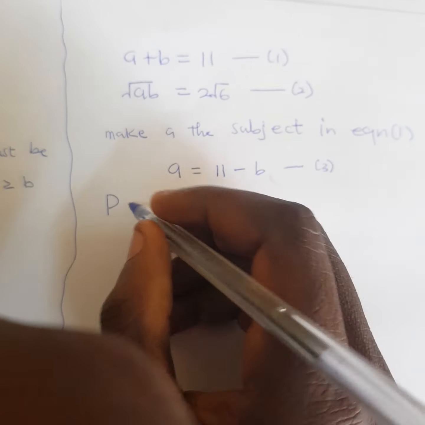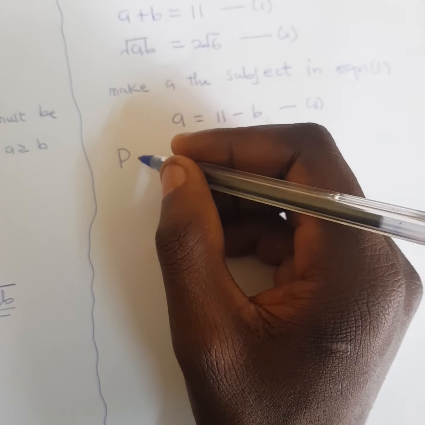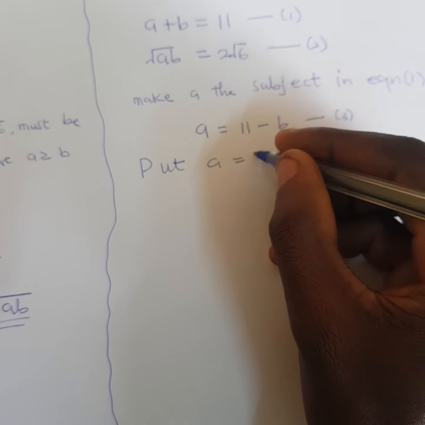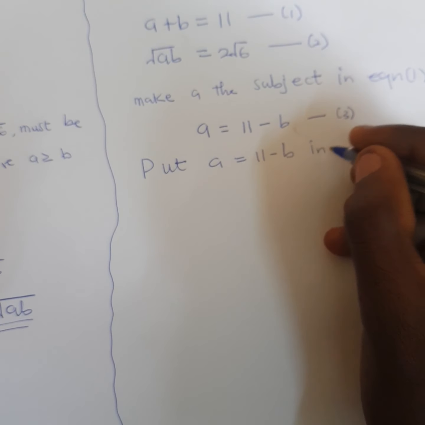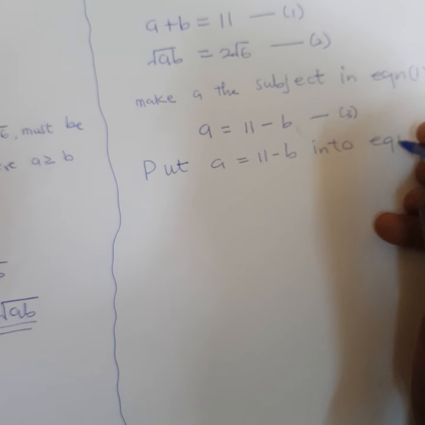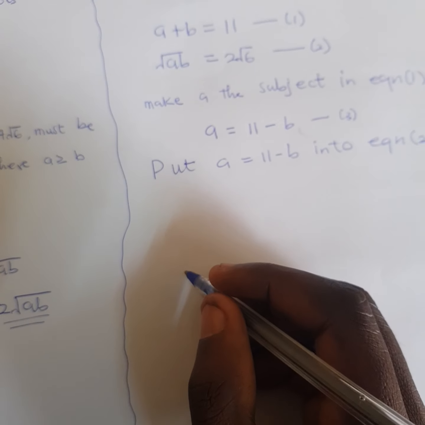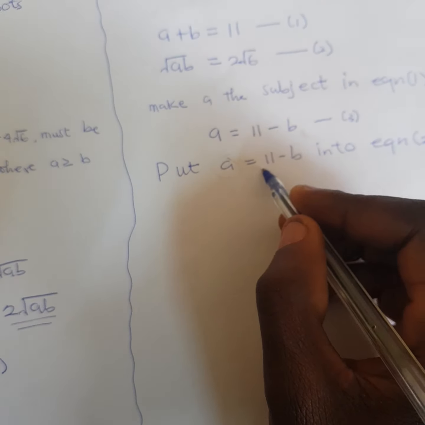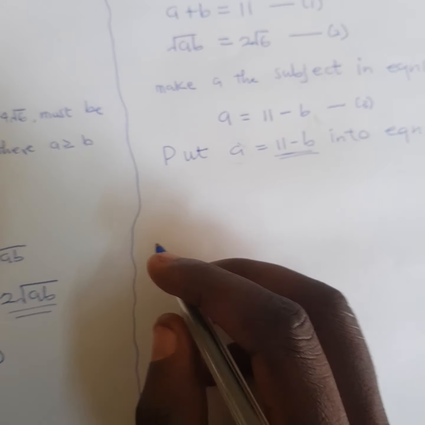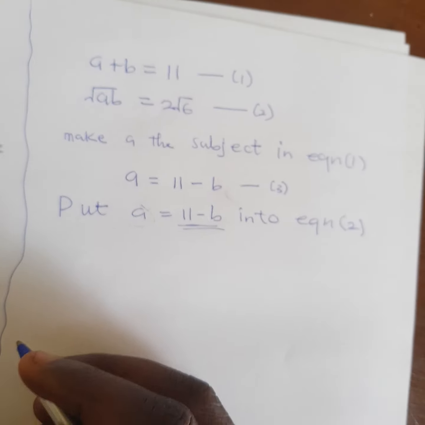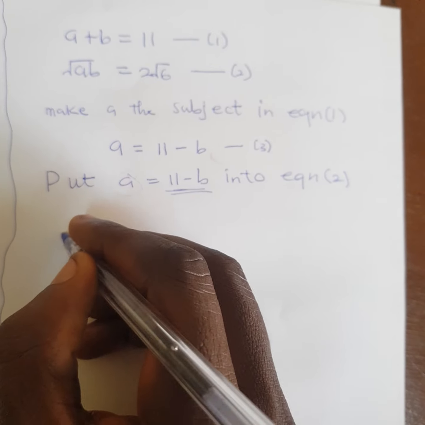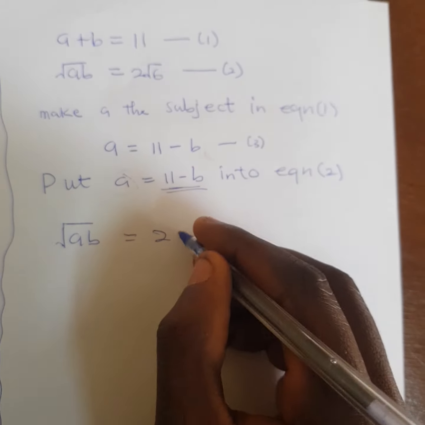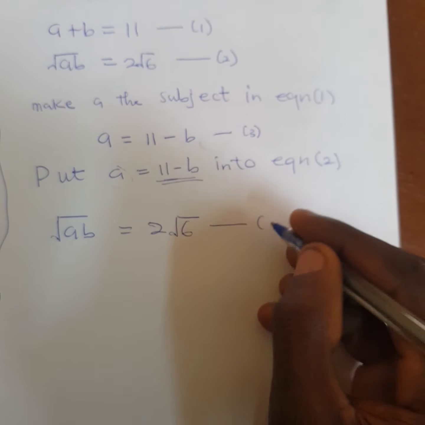And we'll put a equal to 11 minus b into equation 2. So wherever we see a in equation 2, we substitute 11 minus b inside. We have root of ab equal to 2 root 6 as our equation 2.